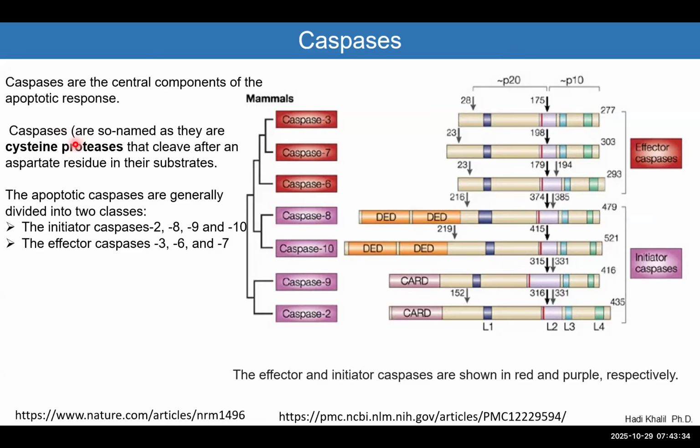So these are proteins that can cleave any protein that has a consensus sequence of cysteine and then aspartate. Of course, they have different consensus sequences. There are many of them, and now they are divided into 2 groups: the effector groups and the initiator groups. The initiator groups are here, 8, 9, 10, and 2.